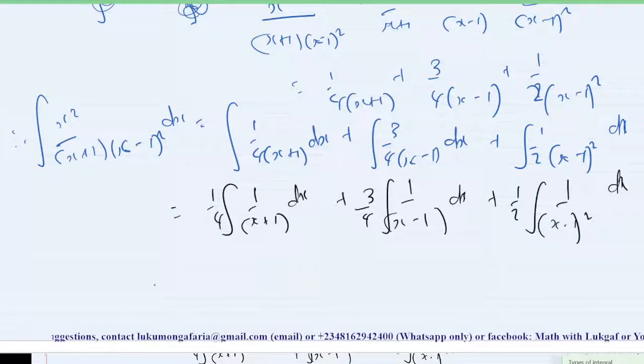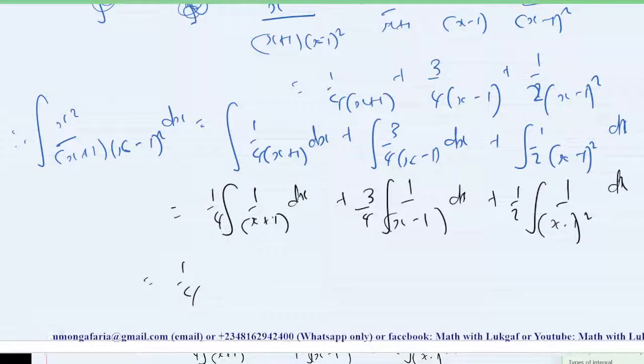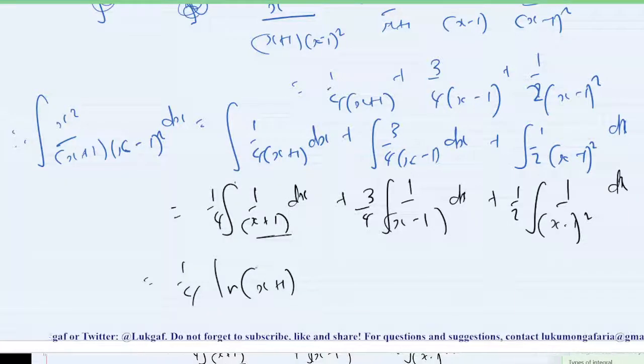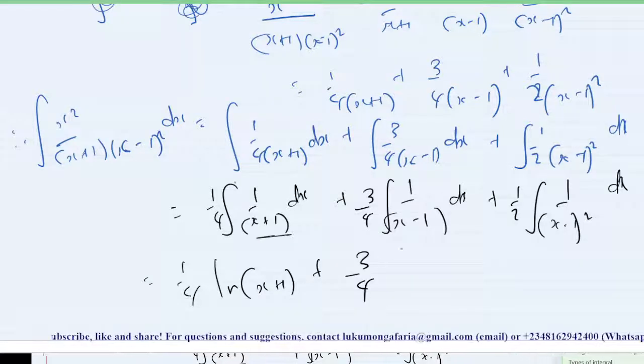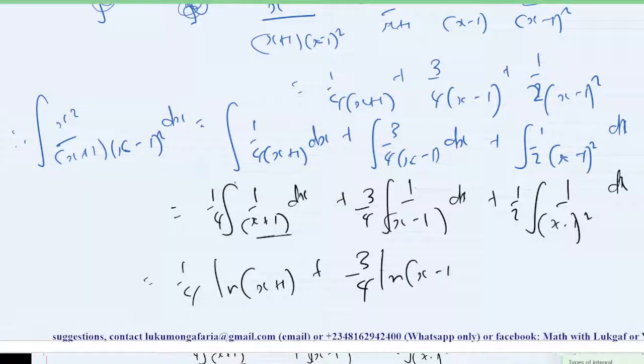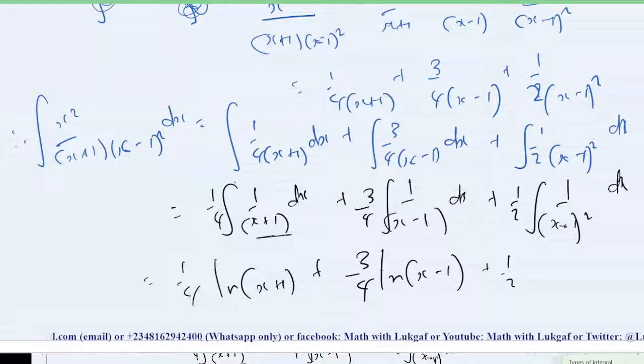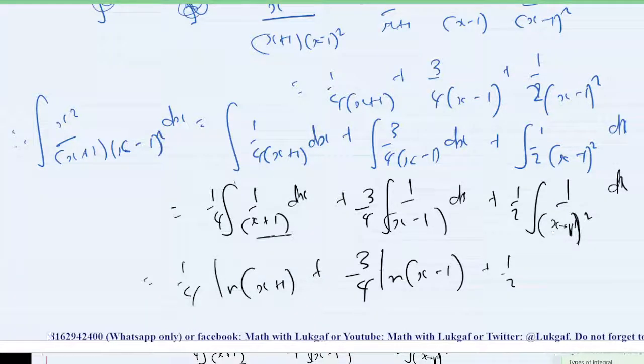Okay, let us integrate. Don't forget, when you have your derivative of the denominator at the numerator, you have your result as a natural log. So this will give me ln of x plus 1, because if I differentiate x plus 1, I'm going to have 1, which gives rise to one of the principles I told you already. Then plus 3 over 4. Likewise, if you differentiate x minus 1, this is going to give you 1, then this is going to be ln of x minus 1 too. Then plus half. If you differentiate (x minus 1) squared, are you going to have 1?